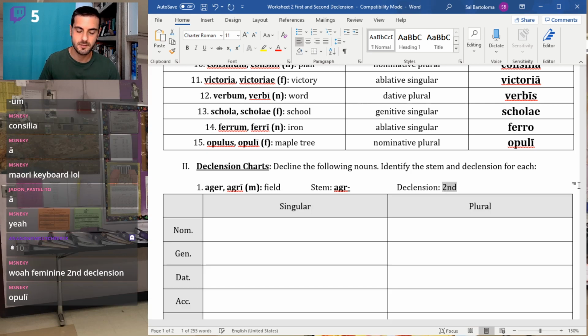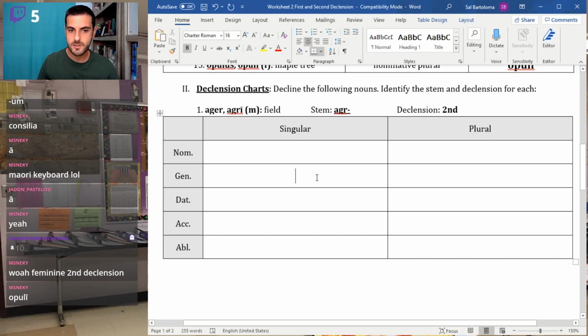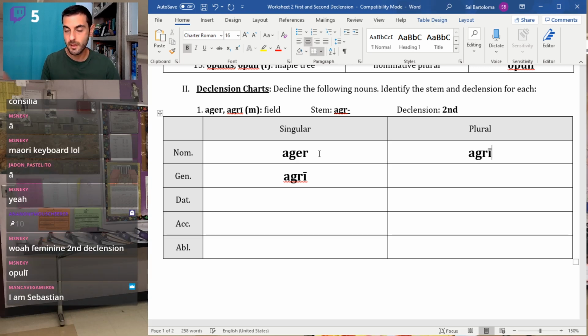So we have second declension, ager. Nominative and genitive are always given. Okay, so we should never get those wrong, right? Ager, agri. But I want you to feel comfortable moving around and going to different boxes. So ager, nominative singular. Agri, nominative plural.